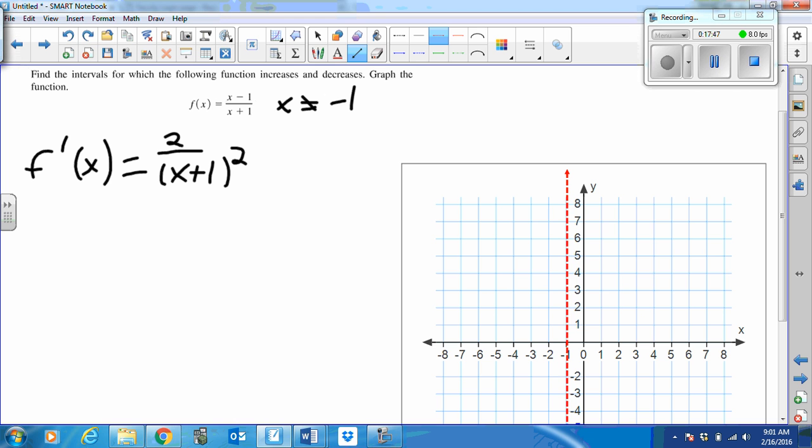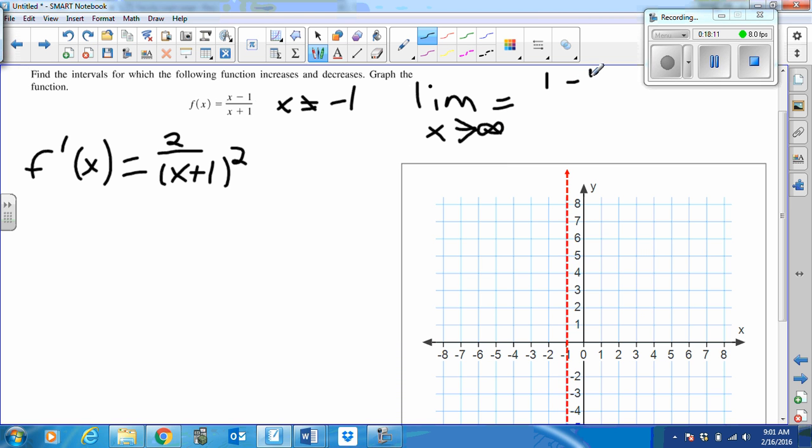And we're also going to have a horizontal asymptote. To find the horizontal asymptote, you do the limit as x approaches infinity, and you divide by the highest degree, so you get 1 minus 1 over x over 1 plus 1 over x, and that simplifies to 1.